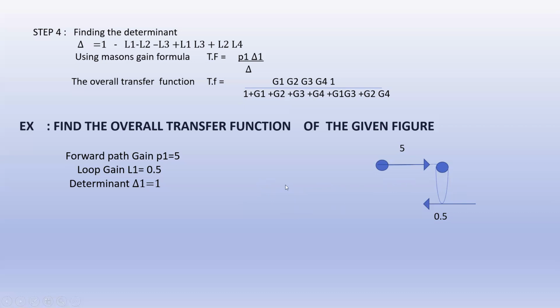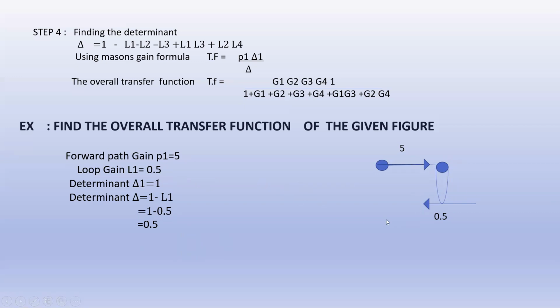So del is 1 minus L1, that is 1 minus 0.5. We have the determinant as 0.5 over here. So we have the entire specifications of this signal flow graph.